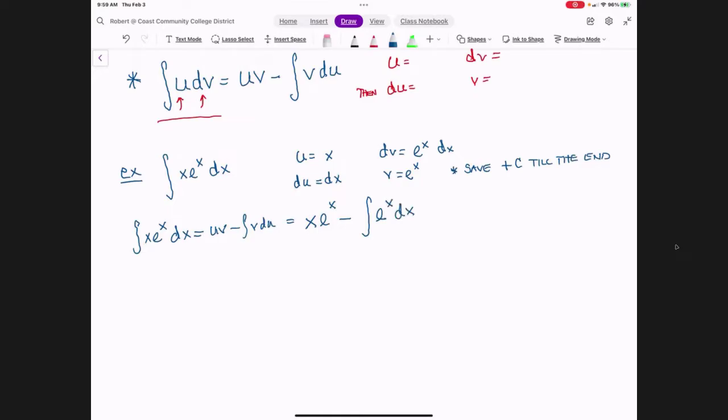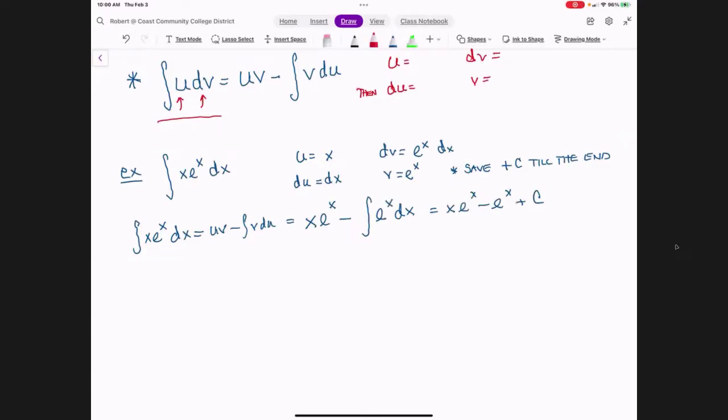And we see that that is an integral that's much easier to do. Okay. So what we end up with is x e to the x minus e to the x, and then plus the constant c.